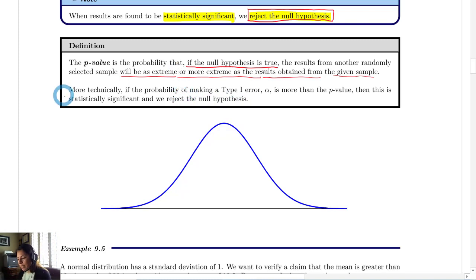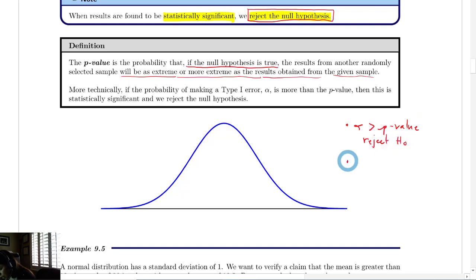What the second statement is saying is if alpha, the probability of making a type 1 error, is more than the p-value, we call this statistically significant and we reject the null. If you get that alpha is smaller than the p-value, you do not reject the null. So these are the two cases we're going to have.